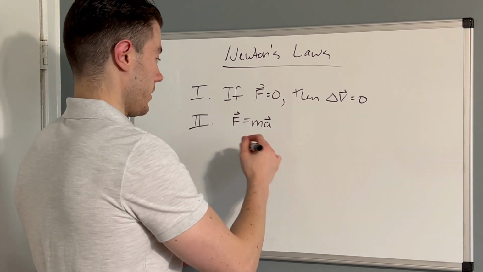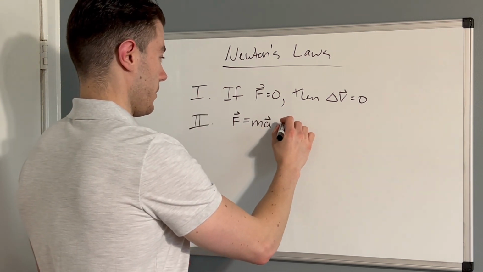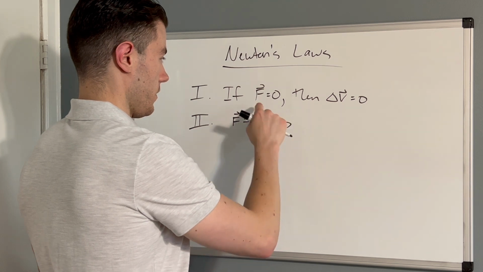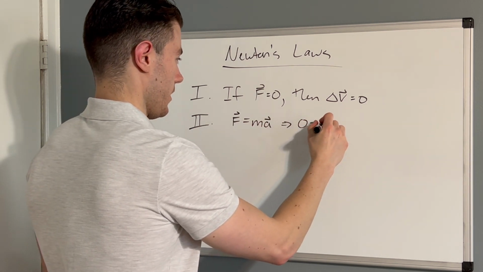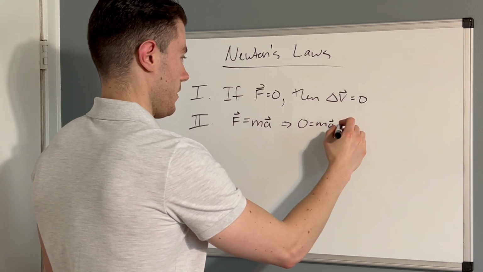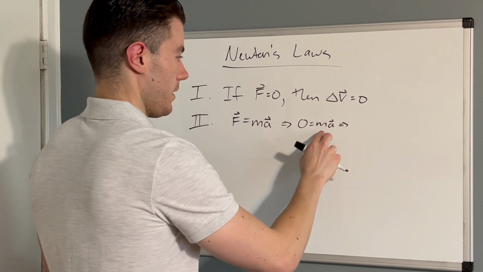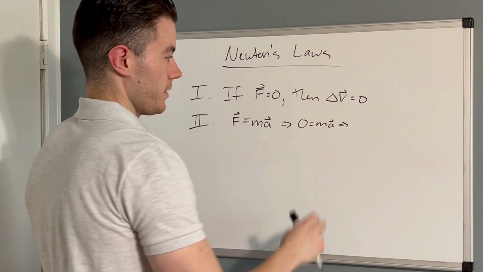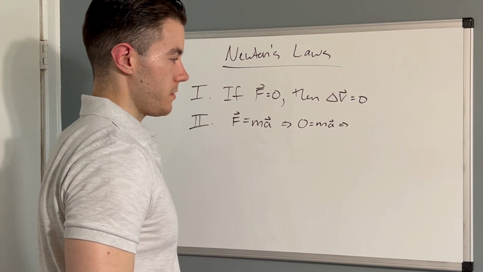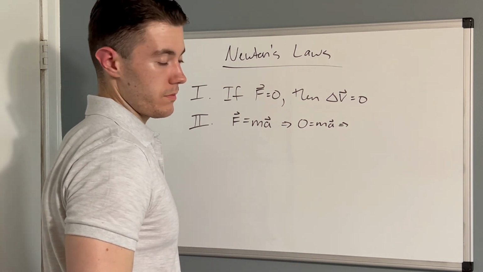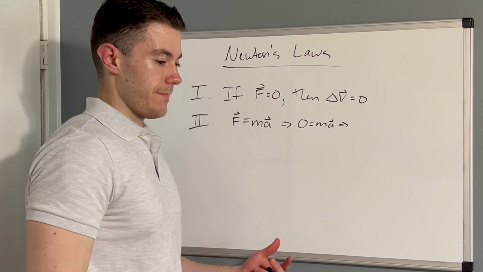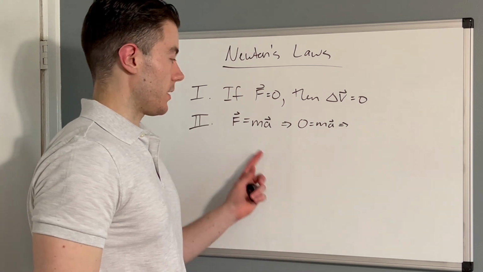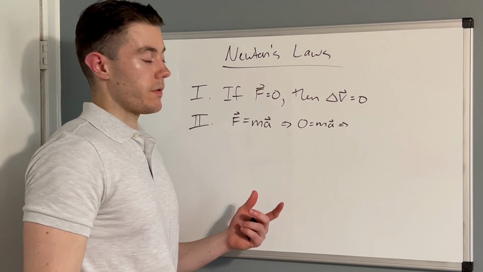Say we apply the first law in the case of the second: 0 equals ma, then either m or a is 0. M is not 0, because if it were, we would be talking about relativistic particles, and then this equation can't be used for them anyway.